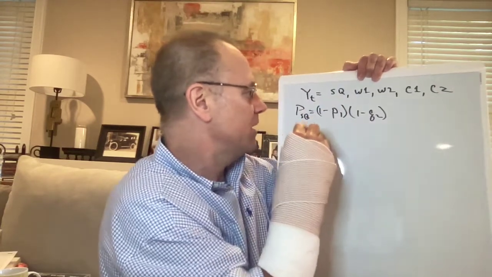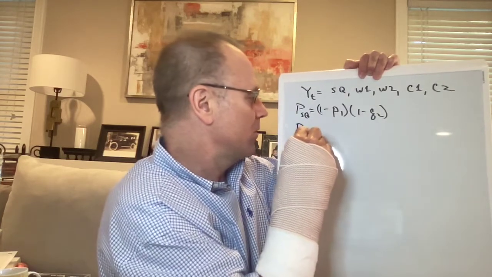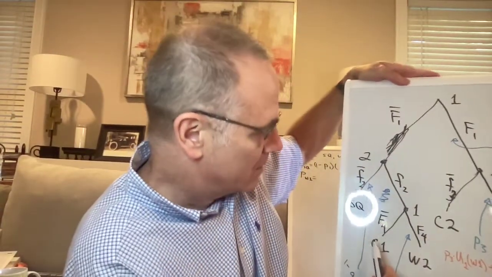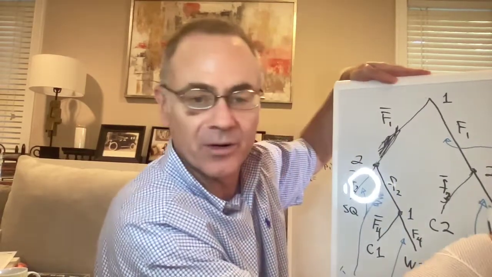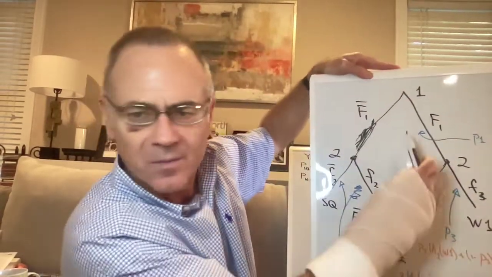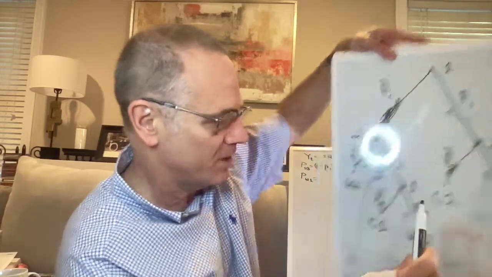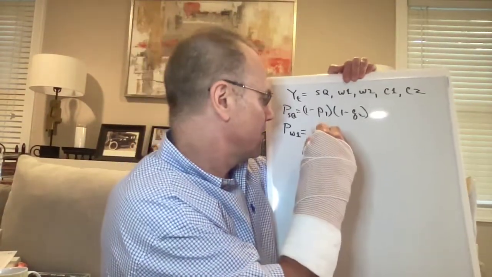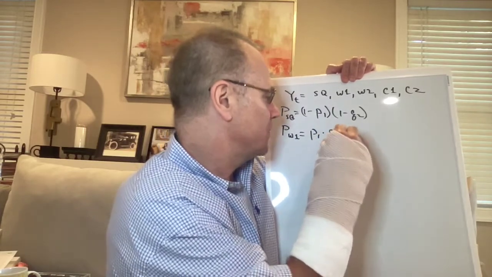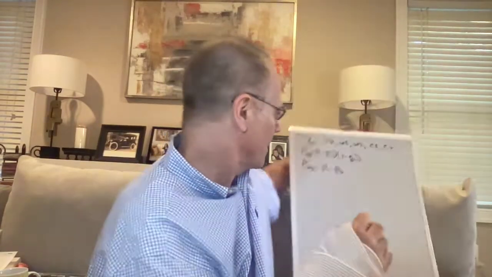All right, next, P of W1 equals, let's see what that is. W1, so that's P1 times P3. Okay.